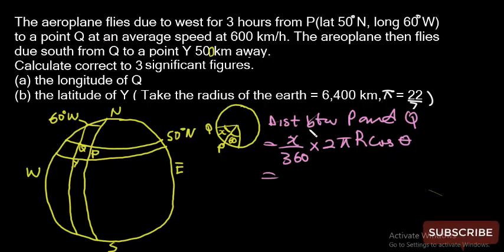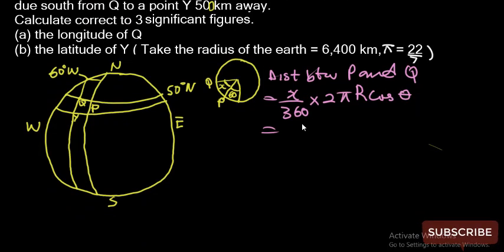All right, so remember, we don't have the distance, but we have the average speed. If you can recall the formula for finding the average speed, let us quickly do that by the corner here. Remember that speed is equal to distance over time. So distance will be equal to speed times time.